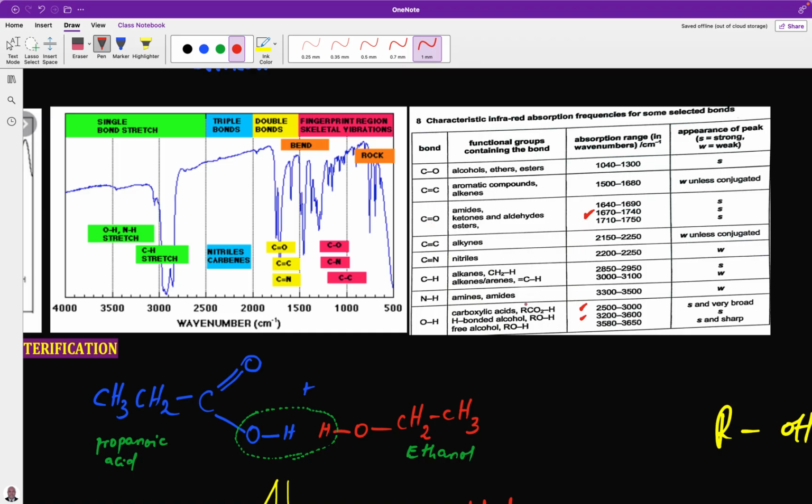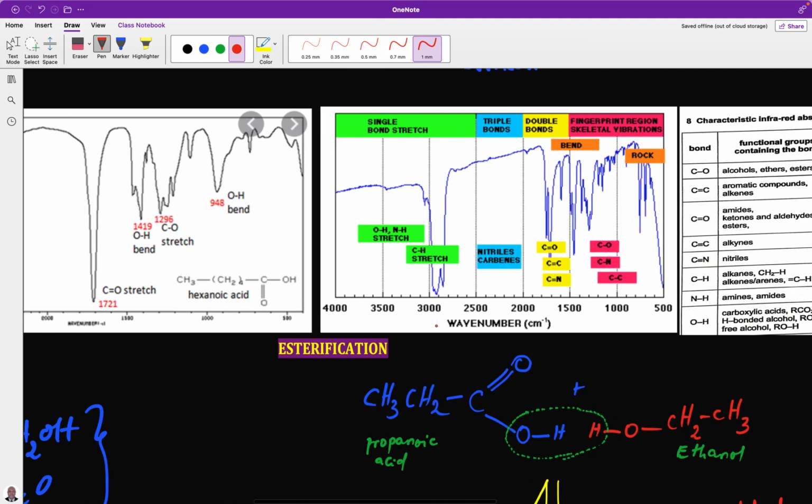Another difference is that in propan-1-ol there will be a peak within the absorption range of 3,200 to 3,600. In compound W, which is propan-1-ol, there will be a peak at 3,200 to 3,600, because of the OH group.